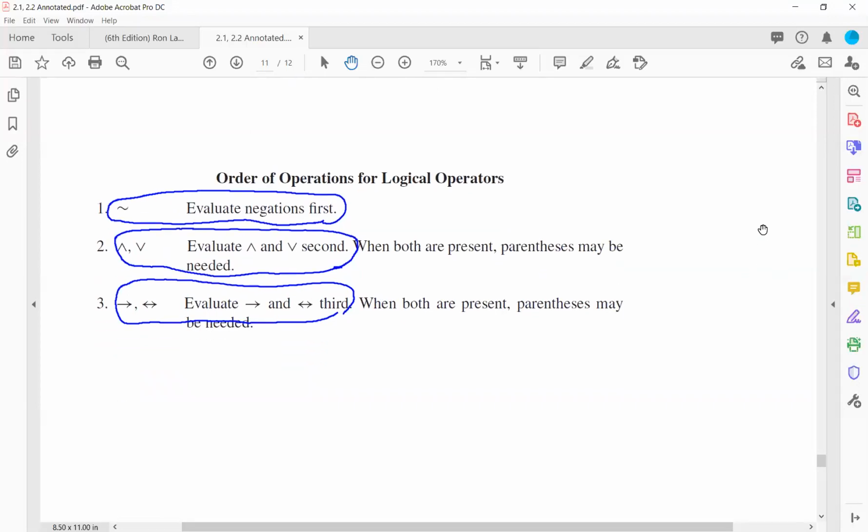Here's a question. Suppose you have P and Q or R. Which one comes first? Sadly, it's not from left to right.